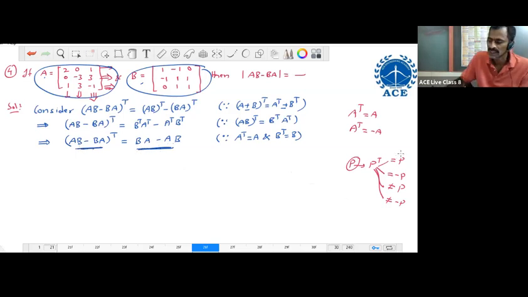So this condition is not satisfied. Therefore, AB minus BA is not a symmetric matrix.